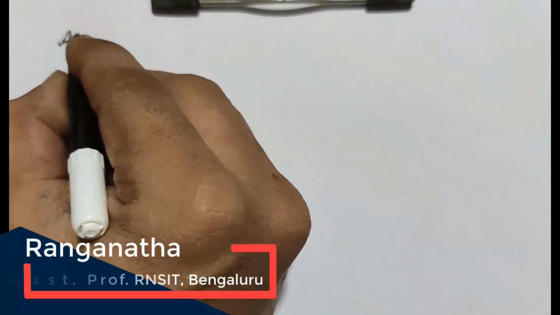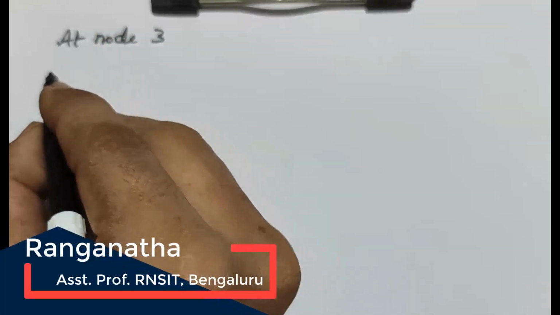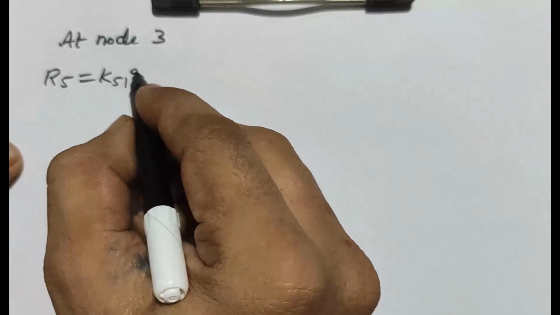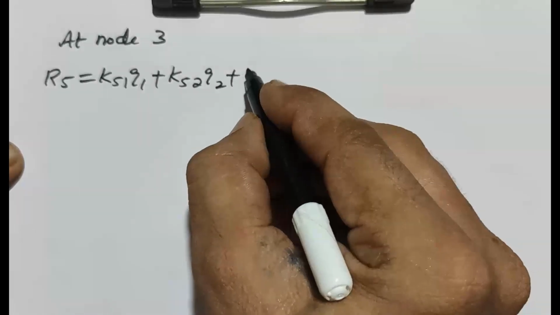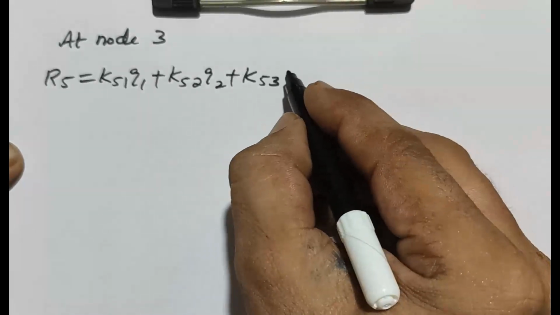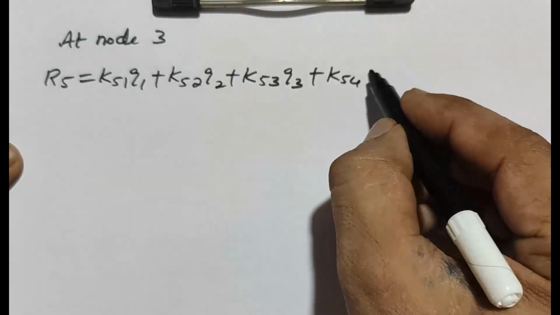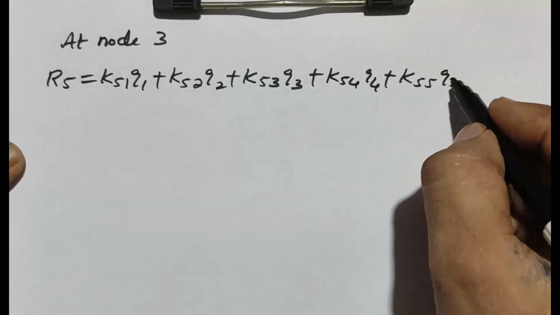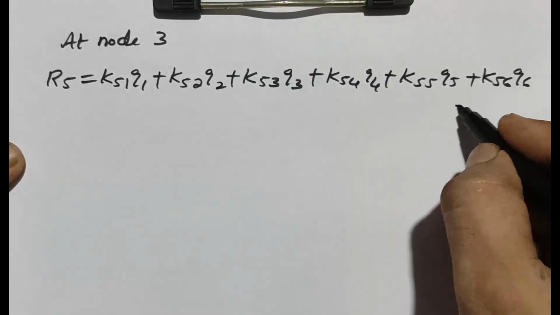Next we need the support reaction at node number 3. At node 3, that is R5 is equal to K51 Q1 plus K52 Q2 plus K53 Q3 plus K54 Q4 plus K55 Q5 plus K56 Q6 minus F5.